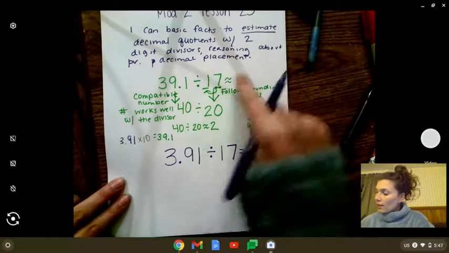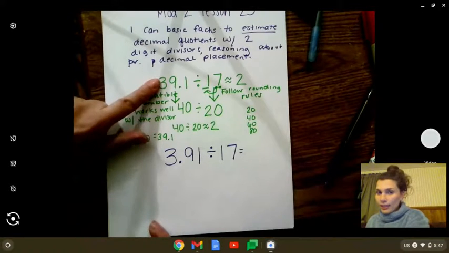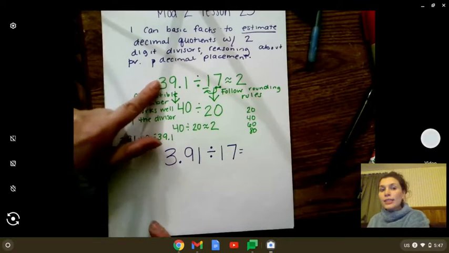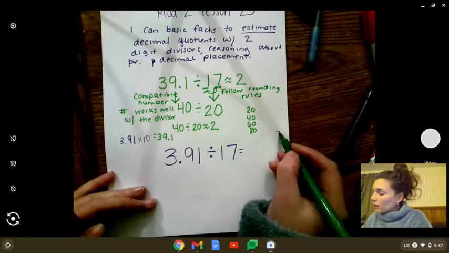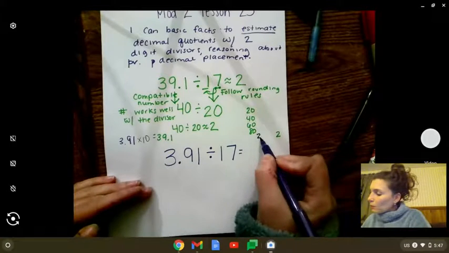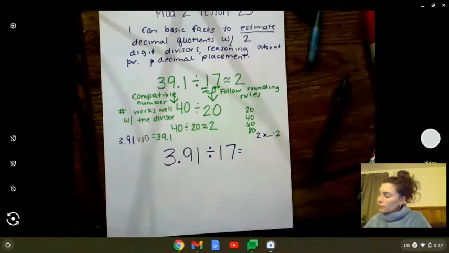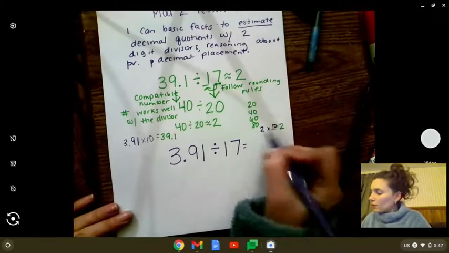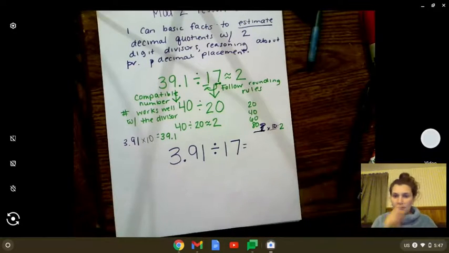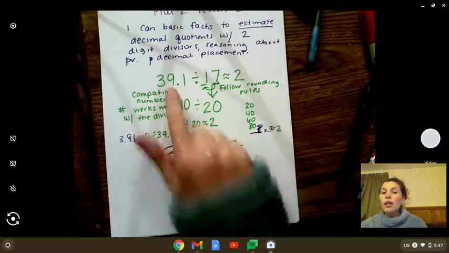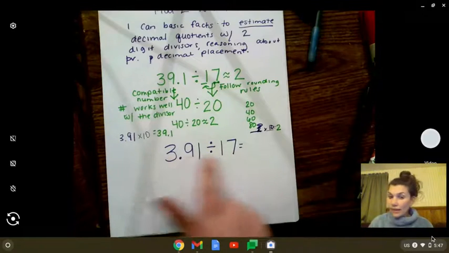So, it would look like this. I'm sure I messed that up. That's going to be a question mark right there. Question mark times 10 equals 2. We can use this knowledge of how these numbers are related to solve this estimate.